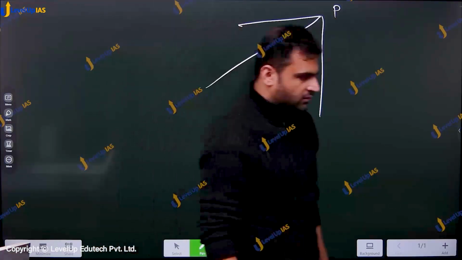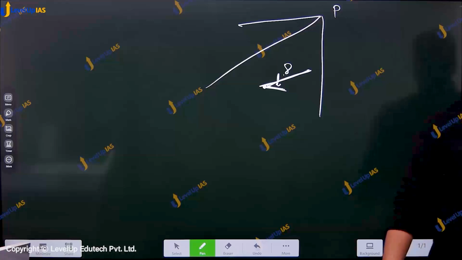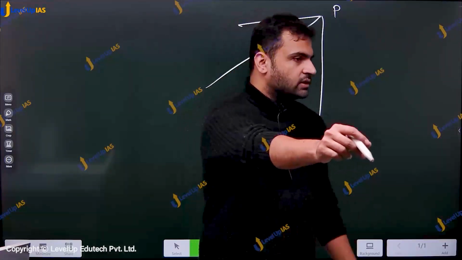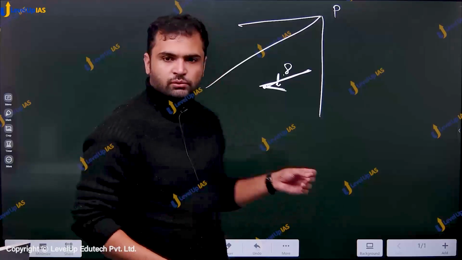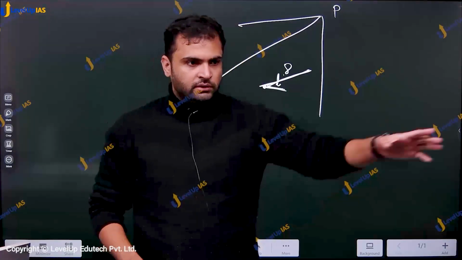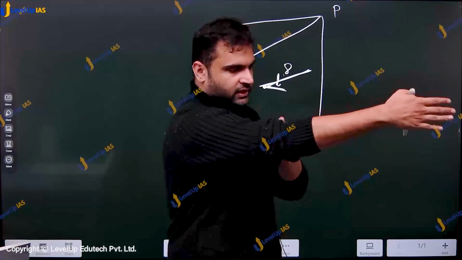If point is here, it is at a distance 1 meter from this wall and 8 meter from this wall. So this side is 8, this side is 1.